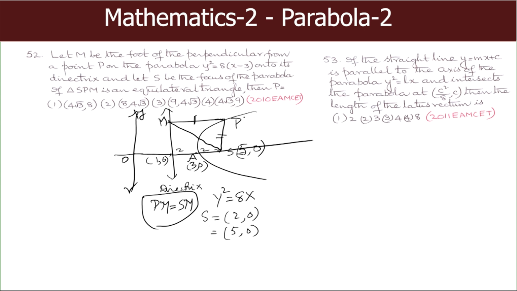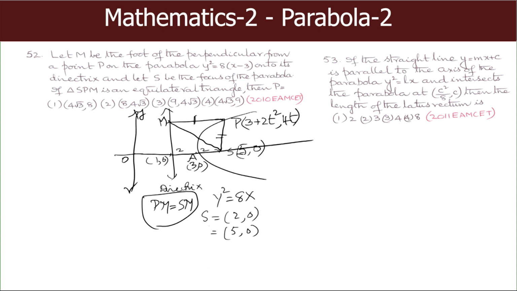And P is (at square, 2at), well, 2t square plus 3 and 2at. a is 2 here, so 4t. So, that is P. Here, instead of x, I have to write x minus 3. x minus 3 equal to at square, that is 2t square. So, x equal to 3 plus 2t square.